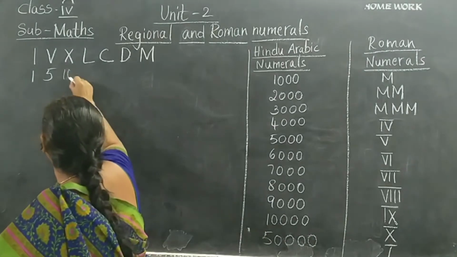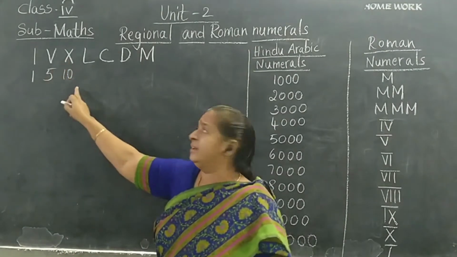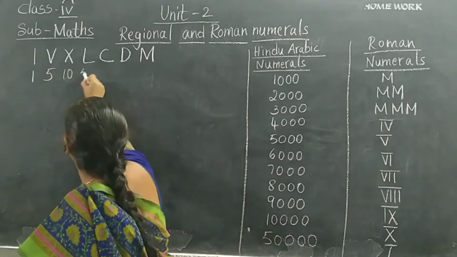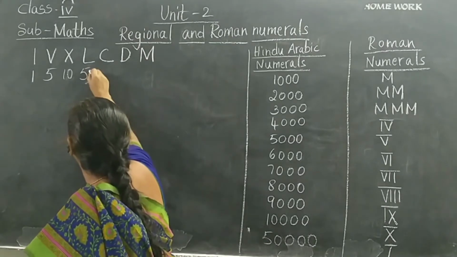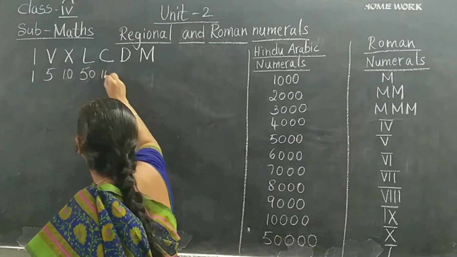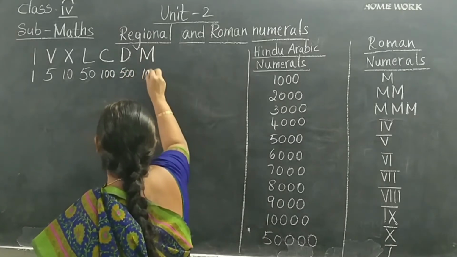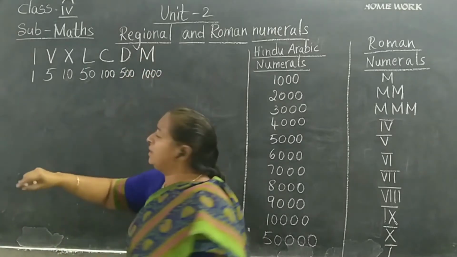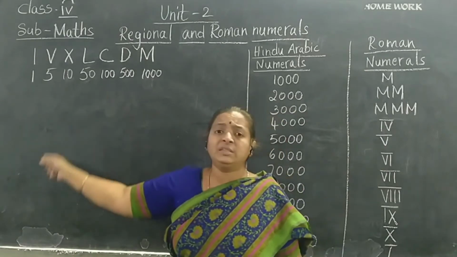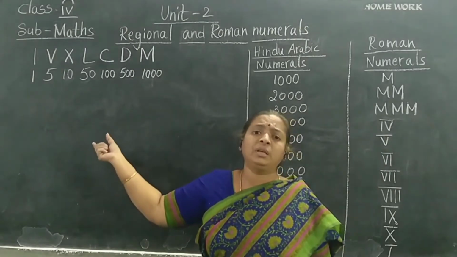X is 10, L is 50, C is 100, D is 500 and M is 1000. Let me remind you, children, with the help of these values we are going to do the sums.